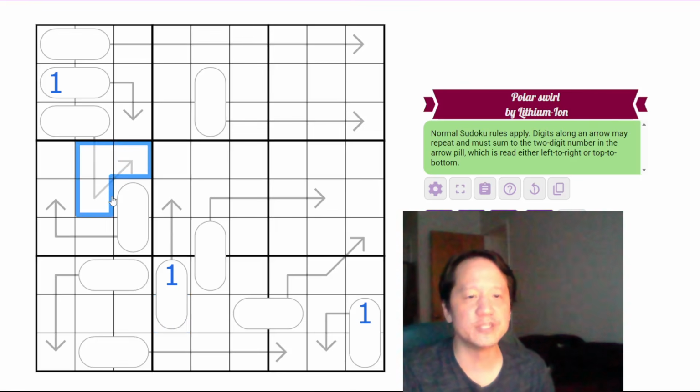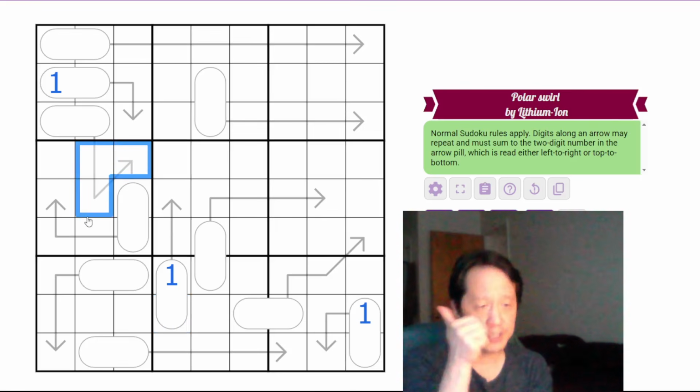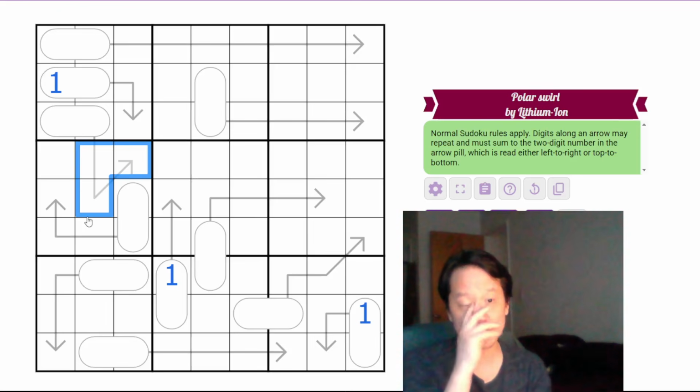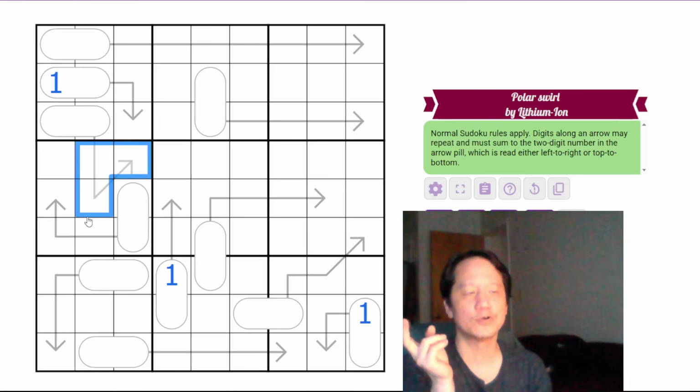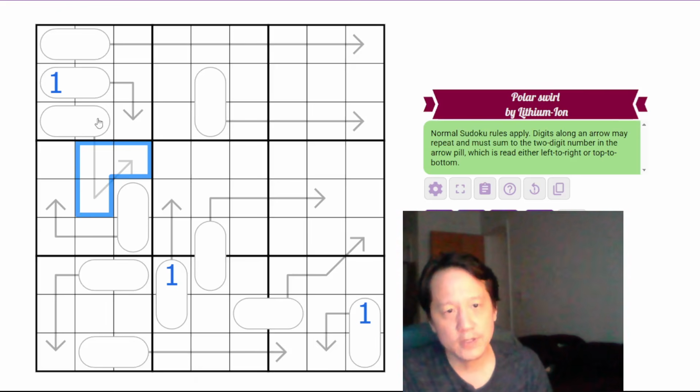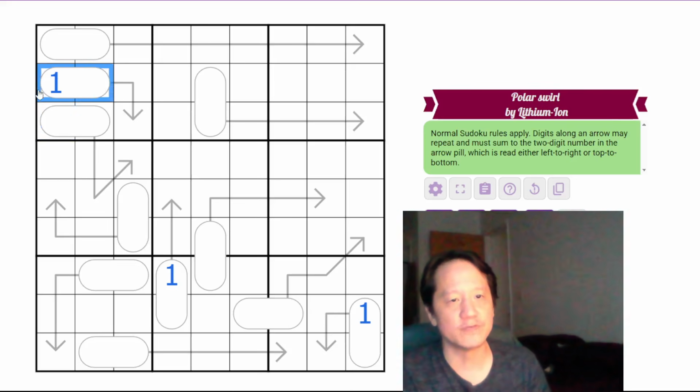Now, for 3 digits, it's either 1 in the tens digit or it's 2. And you can add up to 24 for 3 unique digits, or for 3 digits as a whole, it could potentially be 27. Well, we know this can't be 1 because of 1 in the box, so this must be 2 in the tens digit. This could be 1 or 2 here.